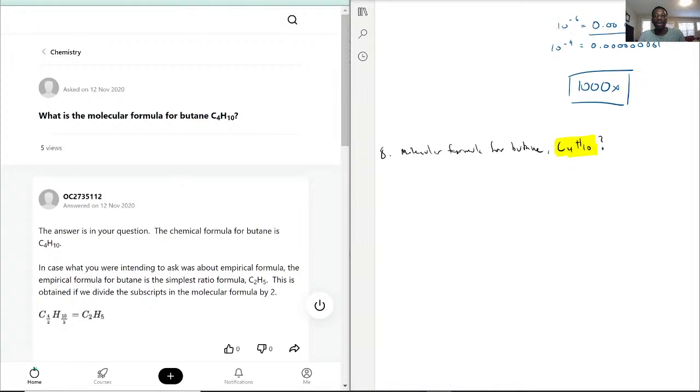When you're naming hydrocarbons, you have to recognize how each prefix indicates how many carbons you have, okay? So we're going to go through a quick sheet.